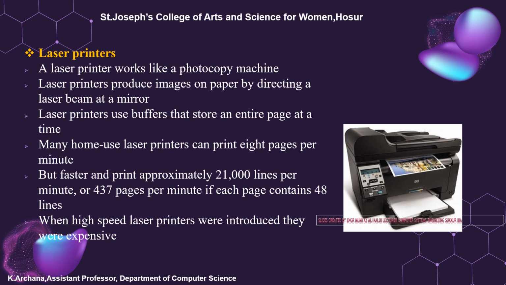Many home use laser printers can print 8 pages per minute, but faster ones print approximately 21,000 lines per minute or 432 pages per minute if each page contains 48 lines. When high speed laser printers were introduced, they were expensive.